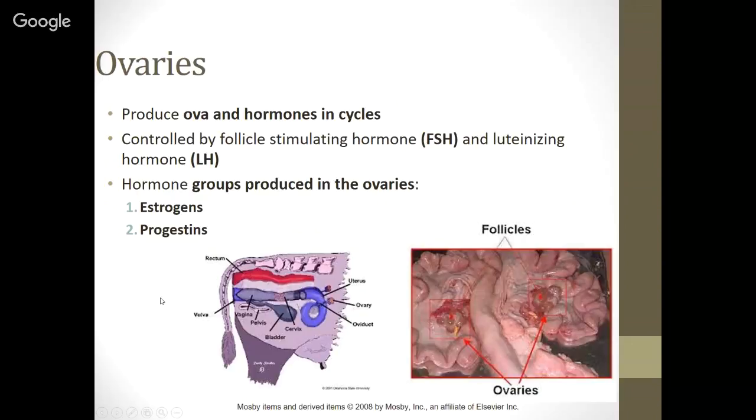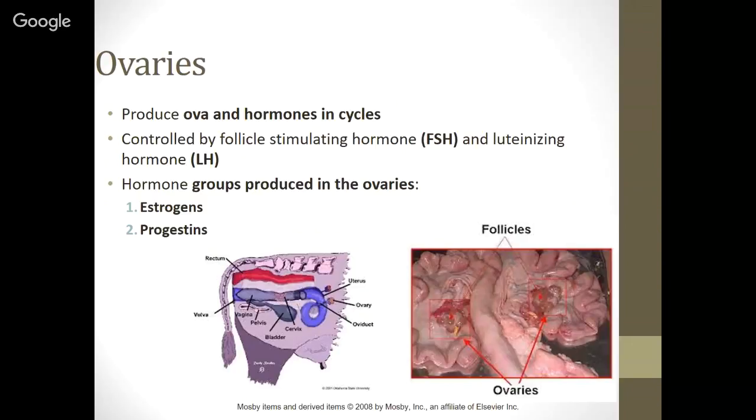Ovaries produce ova and hormones in cycles. We've talked about the estrous cycle before, and we've talked about which hormones are produced when. They are controlled by follicle-stimulating hormone and luteinizing hormone, so FSH and LH. And then there are hormone groups that are produced within the ovaries, estrogens and progestins.